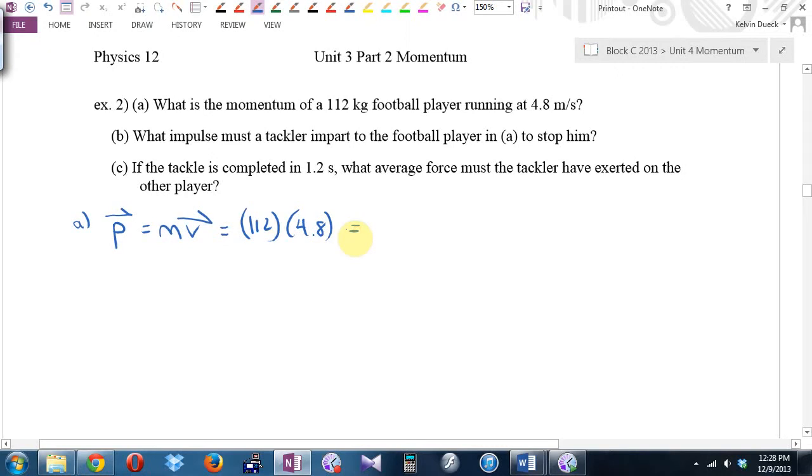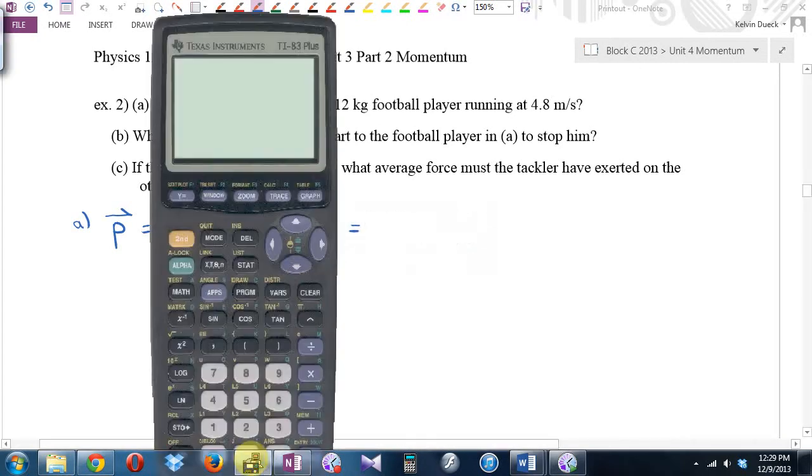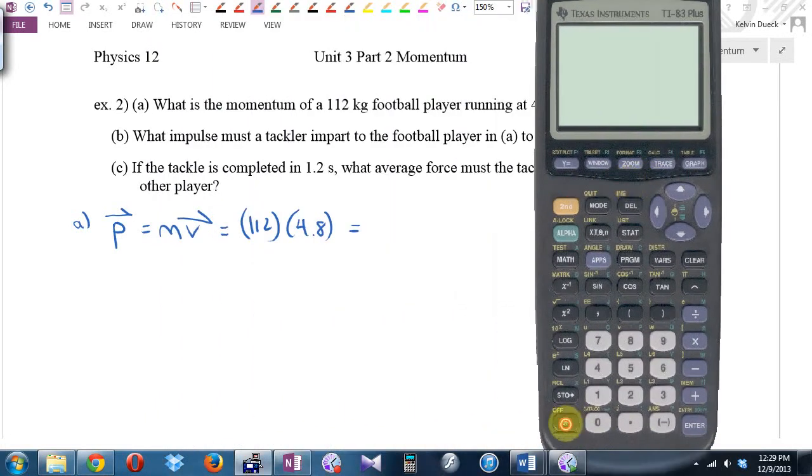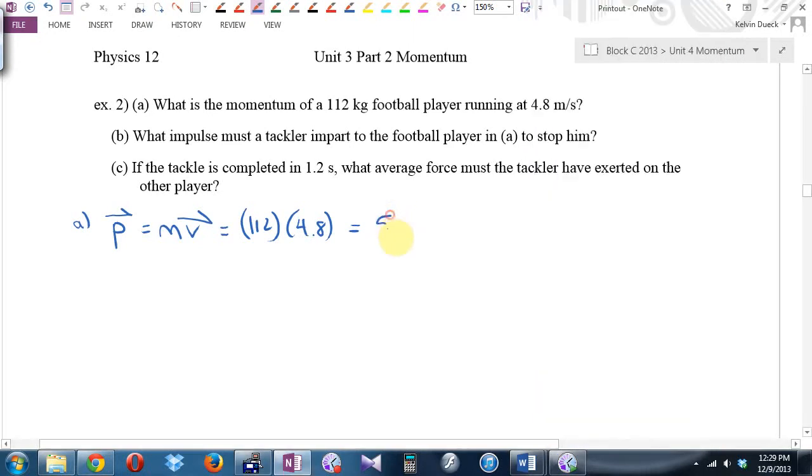I think we'll assume the football player is running forward, so we'll consider that positive. What is 112 times 4.8? 538 if I go to 3 sig figs. Units, kilogram meter per second.